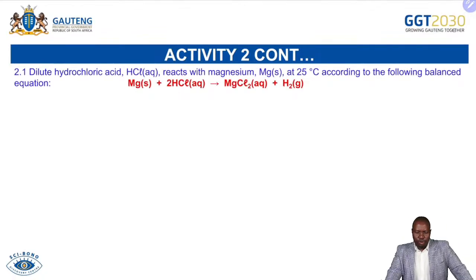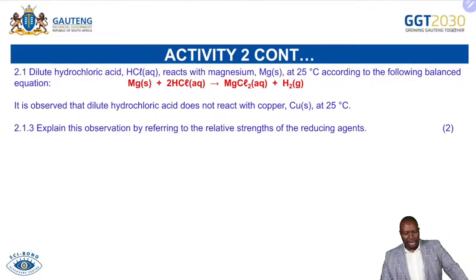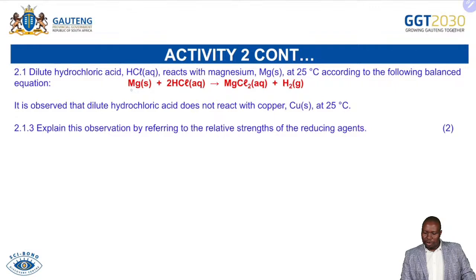Now, if we continue that question, explain this observation by referring to the relative strengths of the reducing agents. Already I've told you that if we're talking about reducing agent, we'll talk about magnesium. They said we must talk about reducing agents, so you must talk about only the reducing agent.